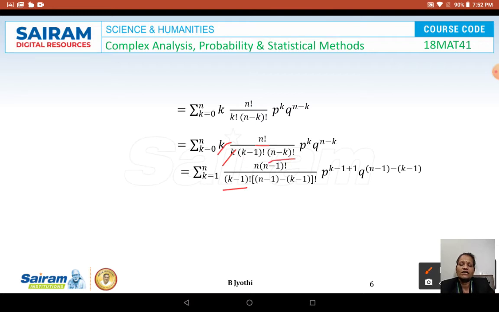And in the denominator, when I add and subtract 1, we can write it as n minus 1 minus of k minus 1 factorial. And here p power of k also we will add and subtract 1, and even q power also we will add and subtract 1. Thereby q power can be written as n minus 1 minus of k minus 1.